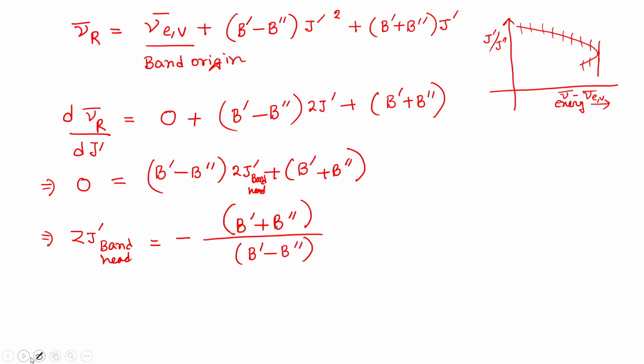In other way, we can write, I can take this 2 there and minus inside. So 2 B double prime minus B prime. I hope this makes sense. So this is the position of your band head. So we are going to use this equation in one of the assignment 10 problems.